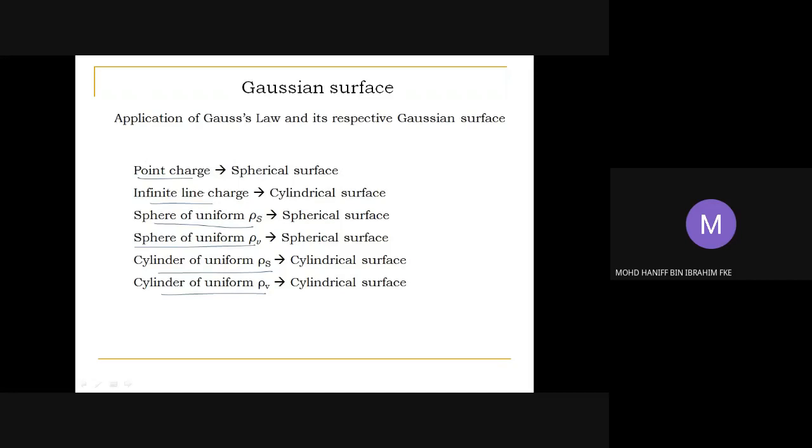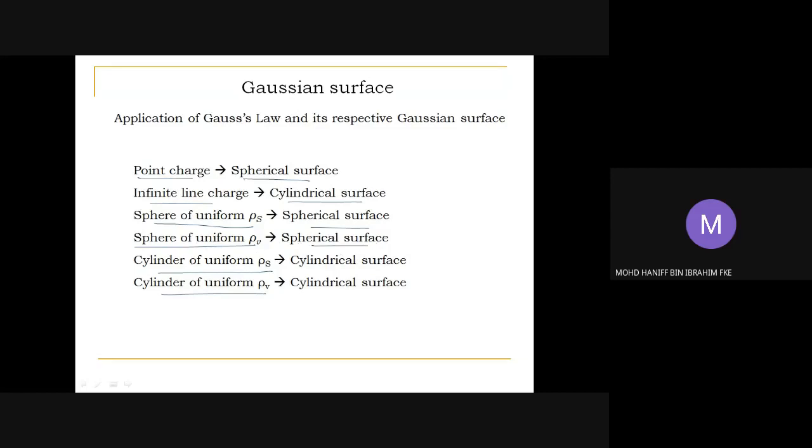Yeah. So for the point charge, we need to adopt a spherical surface, which has been used before. For the case of an infinite length of line charge, you need to use a cylindrical surface. For the case of a sphere of uniform rho s, you have to adopt a spherical surface as a Gaussian. Similarly, for the sphere of uniform rho v, you also need to adopt a spherical surface.